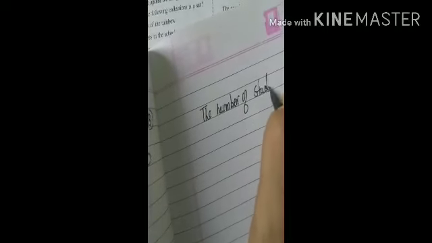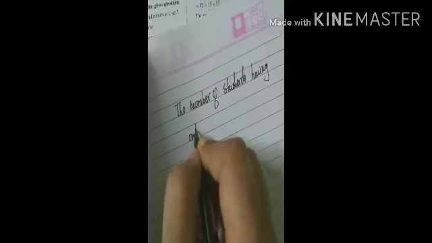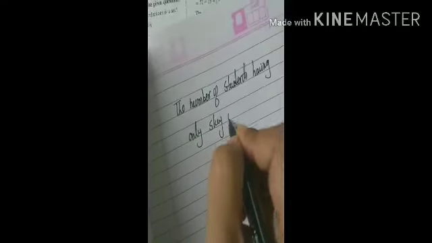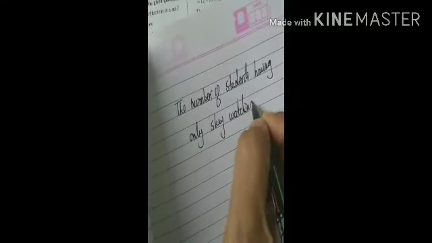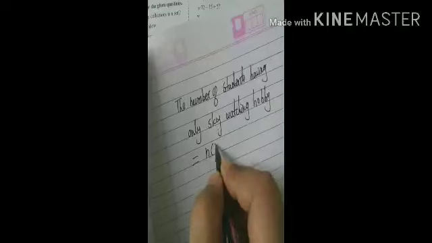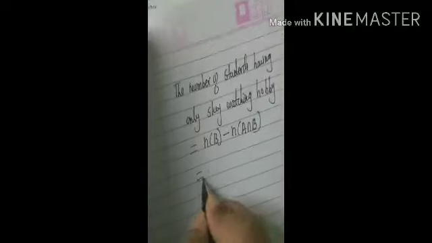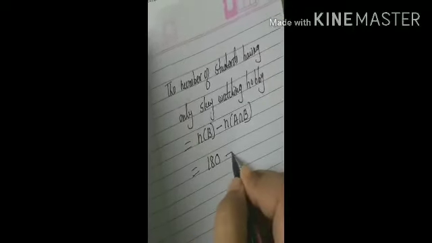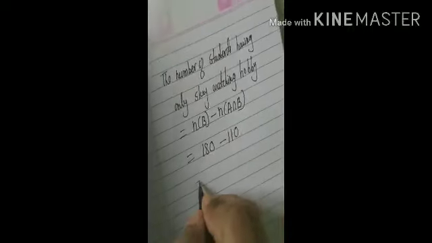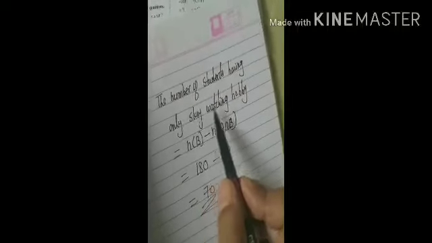The number of students having only sky watching hobby equal to n(B) − n(A ∩ B). n(B) is given 180, minus intersection is 110. So you get 70. The 70 students who have only hobby of sky watching.